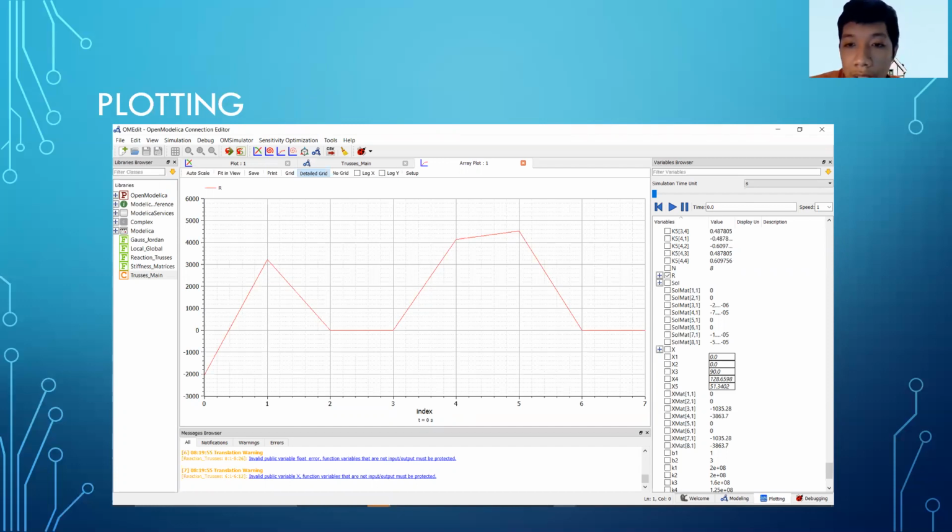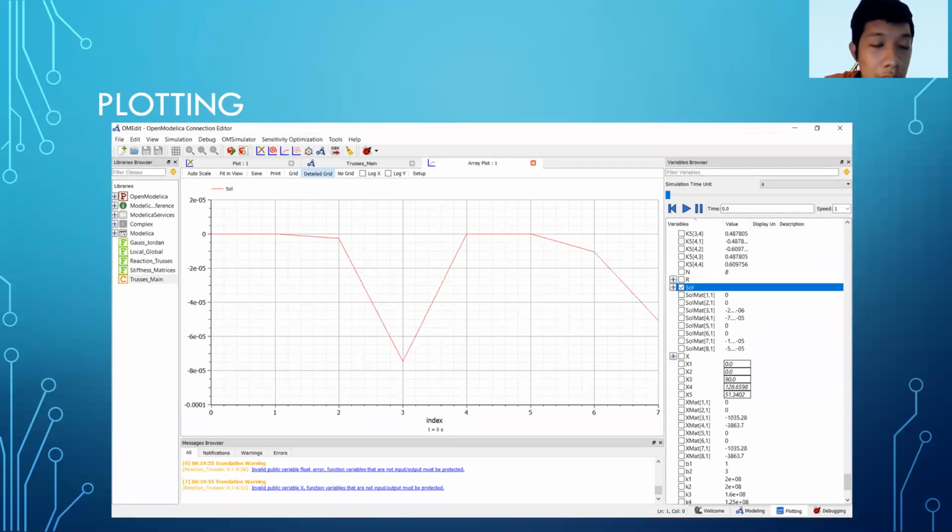This is for the reaction plotting. Next is the deflection. We can see at point 3, or 3 seconds, is the peak of the deflection, and it goes back to the initial condition, and from point 5 to 7 the displacement decreases again.